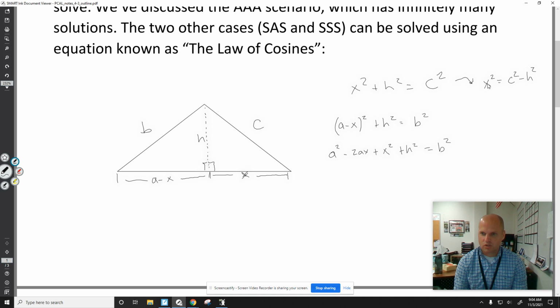So if this has to be true, I could take this and plug it in for x squared. Okay? So I get a squared minus 2ax plus, instead of x squared, I'm going to replace x squared with c squared minus h squared. And then watch what just happened.